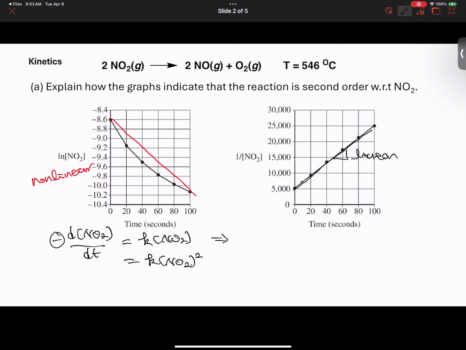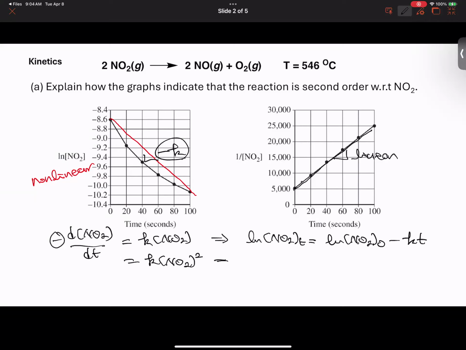When you solve the first order differential equation, you end up with ln[NO2] at a certain time t equal to ln[NO2]0, the initial concentration, minus kt. So if this is linear, the slope will be negative k. It is always decreasing, which makes sense because as time goes on, the reactant will be consumed and decrease in concentration.